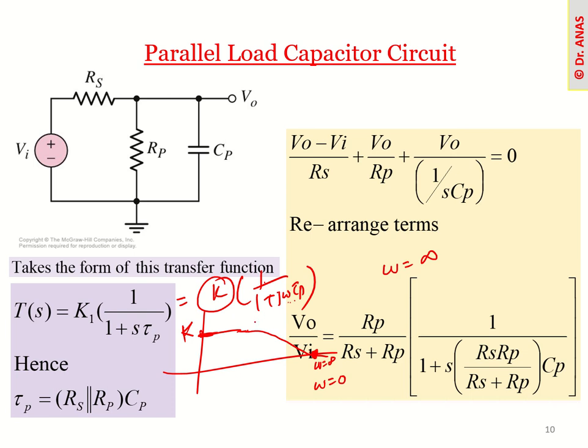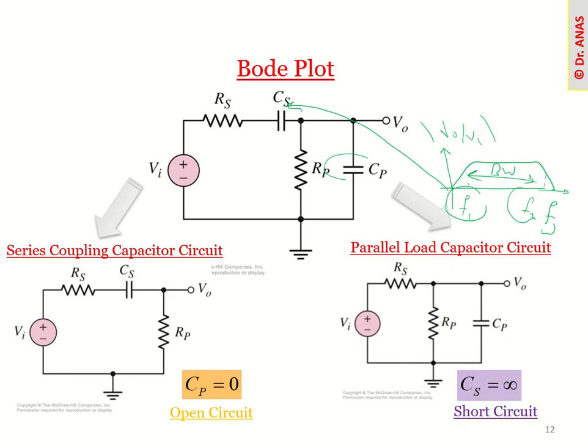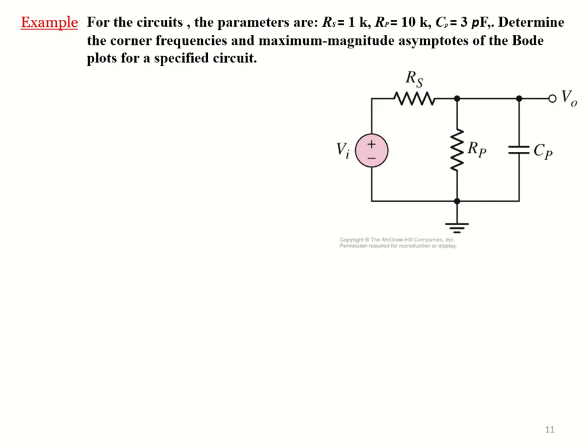Again this is the maximum value, and here we will have the 3 dB point, which is our 3 dB frequency, calculated by taking 1 over 2 pi times the time constant. So this is called a parallel load capacitor circuit. We will see the relevant example of this and how we can plot the Bode plot for these two circuits in the live session.